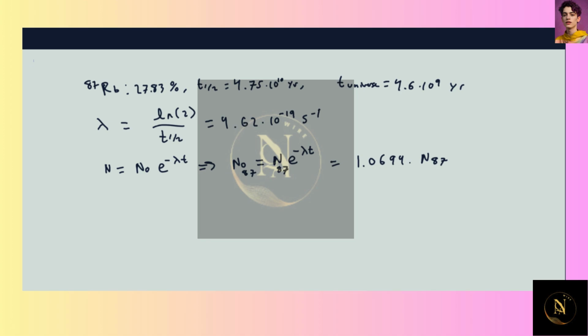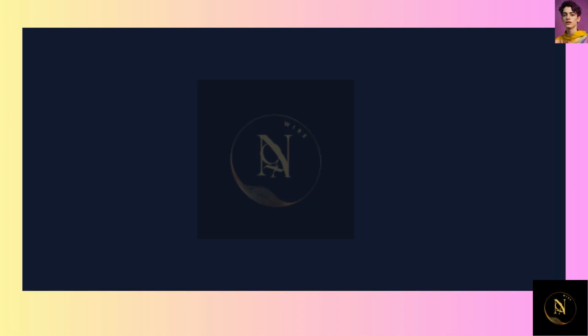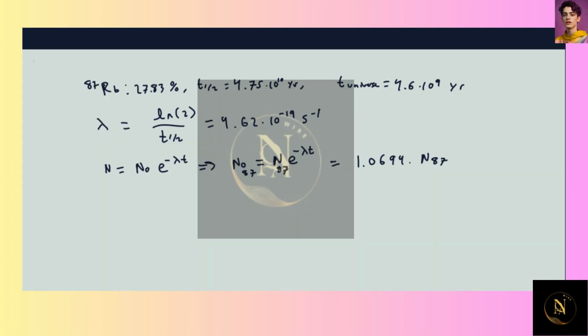So now, given the fact that only 27.83% of all rubidium atoms are currently rubidium-87 isotope, we can calculate the number of rubidium-85 isotopes relative to the fraction of 87 isotopes. So we know the number of rubidium-87 isotopes over the total number of rubidium atoms is given by the fraction 0.2783. So we can solve for the number of rubidium-87 atoms quite easily.